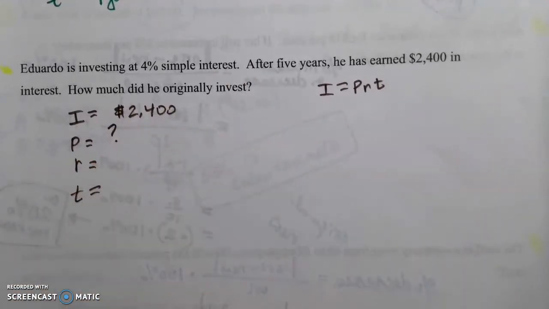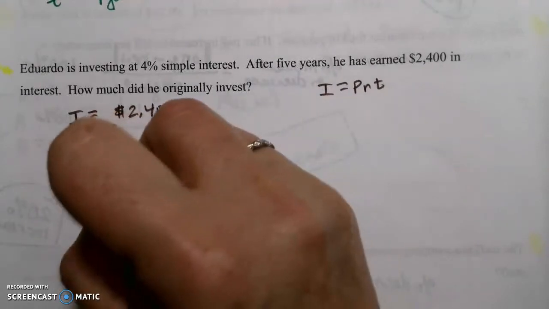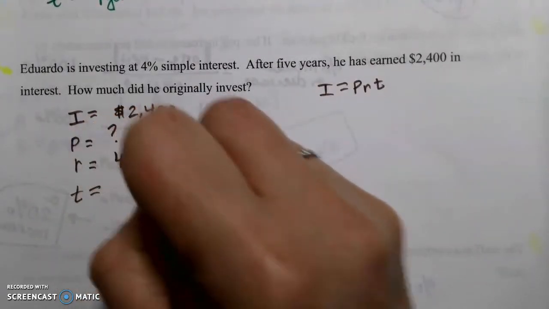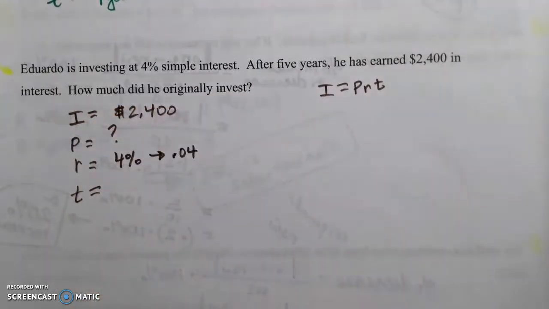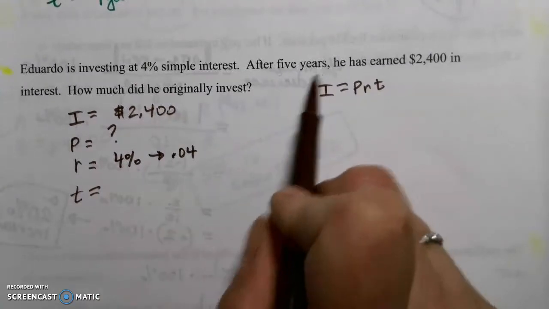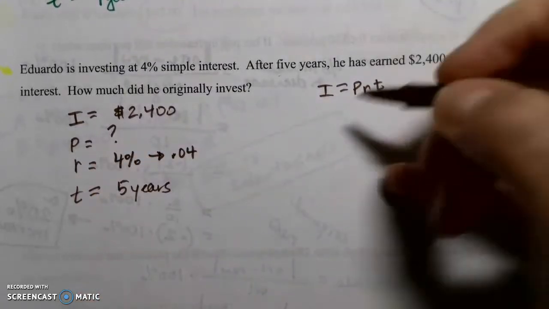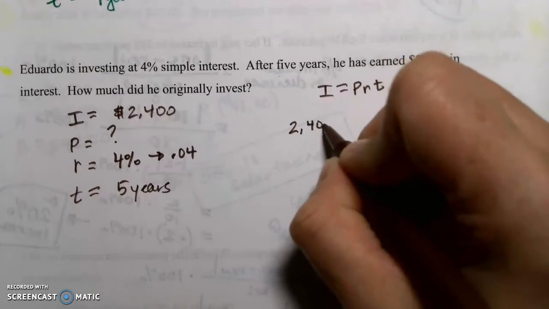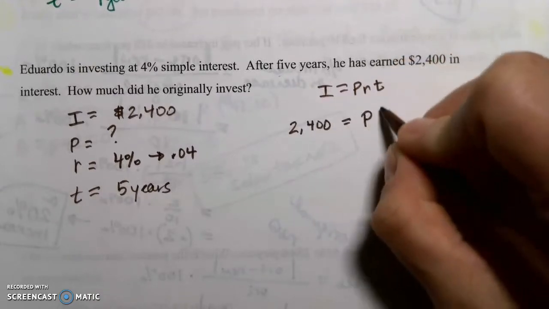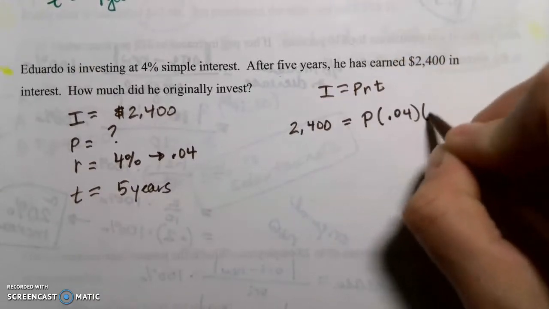That's the question that we have. The rate is 4%. Don't forget to change to 0.04 as a decimal for that. And then the time is 5 years. And plug those in. So 2,400 equals P times 0.04 times 5.